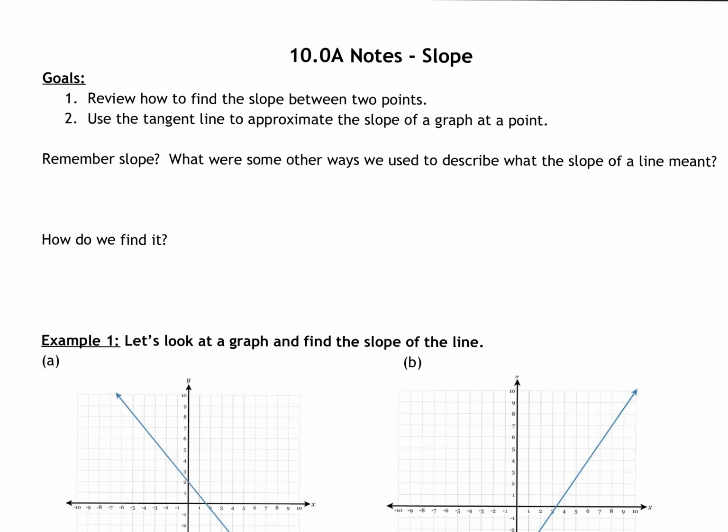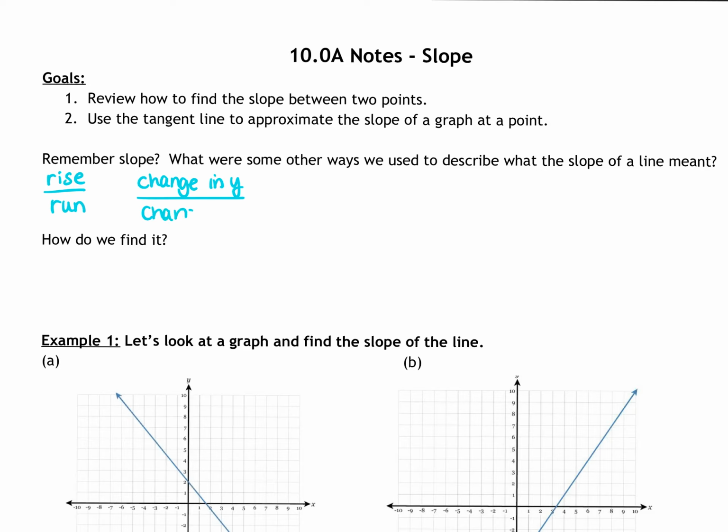Okay, so if you think back to your Algebra 1 days when you first introduced the word slope, there were some ways that you could describe what slope meant. Some of you maybe most remember hearing the phrase rise over run. Some of you may remember change in y over change in x.